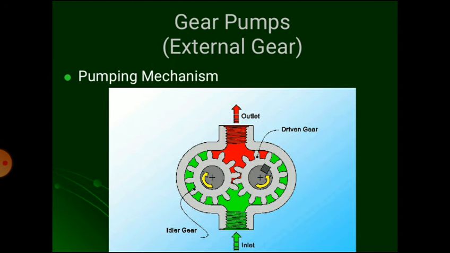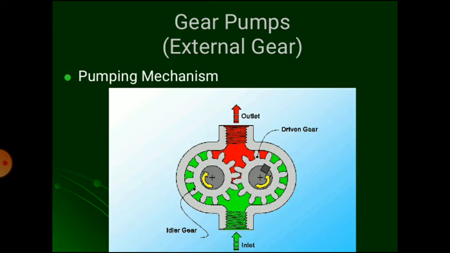Now we will see the construction of the external gear pump. It consists of two meshed gears, a housing with front and back cover. Each gear is mounted on a shaft which is supported on bearings in the end covers. One of these shafts, the drive shaft, is coupled to a prime mover, that is the drive motor.